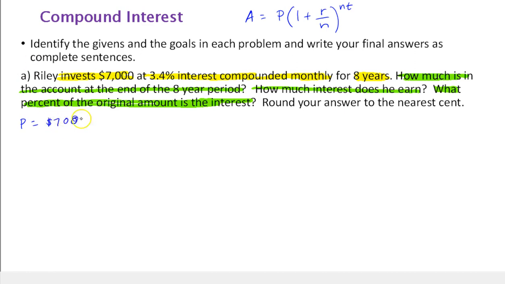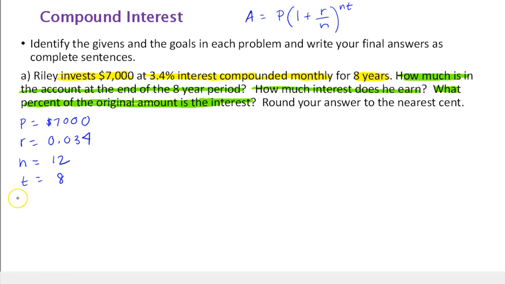So first we have the principal, $7,000. Our annual interest rate is 0.034, written as a decimal. We're told that it's compounded monthly, so the number of compoundings is 12 because there are 12 months in a year, and T equals the number of years, which is 8.